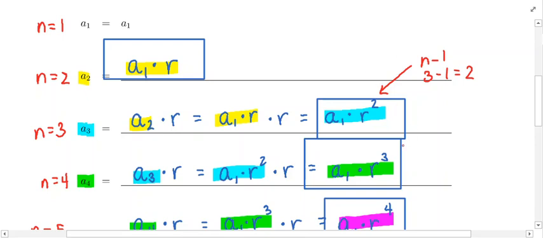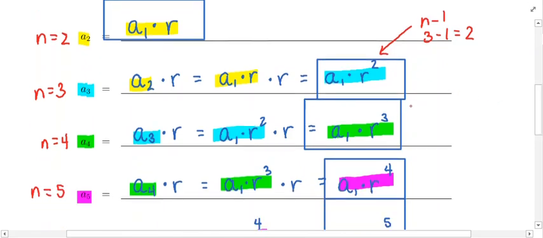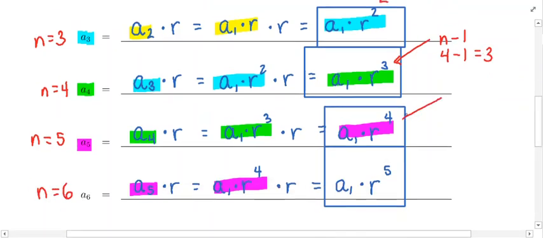If we check the others, this seems to hold. If we go to the fourth term where n is 4, the power on R is indeed n minus 1. It's 4 minus 1, which is 3. That holds here as well. If we move on to the fifth term to compute A5, the power on R is n minus 1, or 5 minus 1, which is 4. And then it even holds for the last term here.